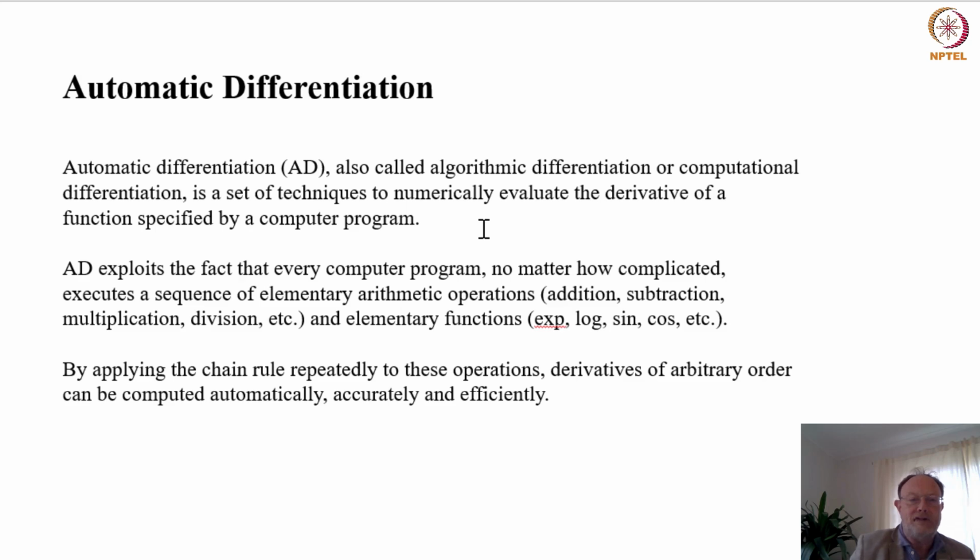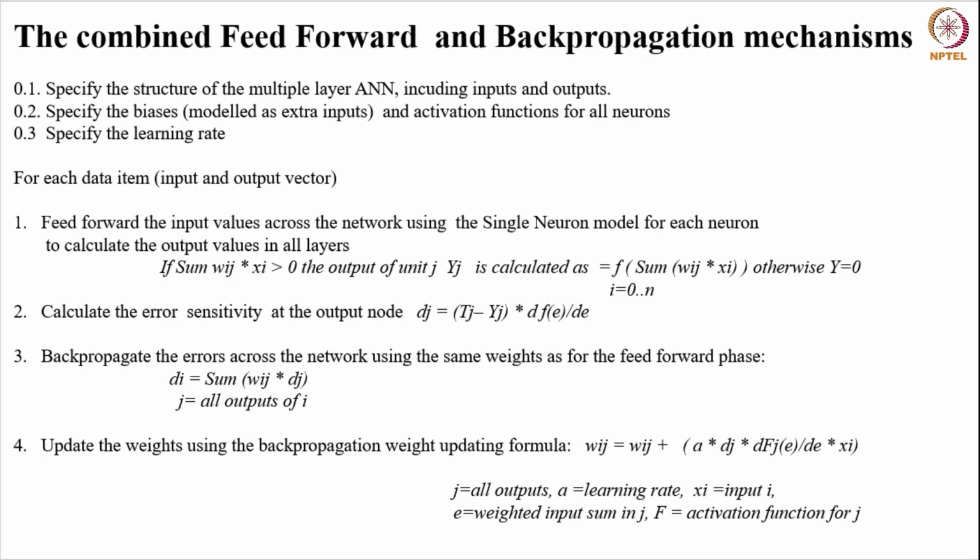So by applying the chain rule repeatedly to this complicated function expressed by this recursive structure, derivatives of arbitrary order can be computed then automatically, accurately, and efficiently. But this is a general mathematical technique, and what we see in backpropagation is just a very specific instance of it. Let us now look at the combined feed-forward and backpropagation mechanisms in this kind of network.